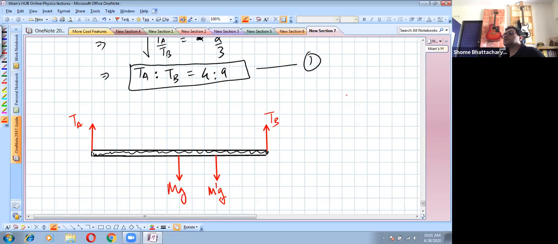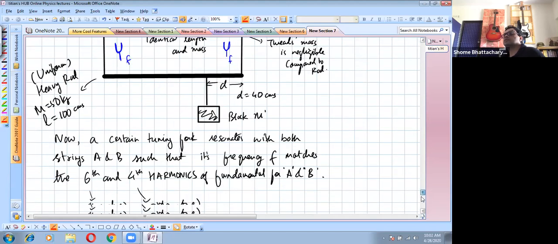Now you can take TA, suppose, as 4x. So TB is 9x. So TA plus TB is (M plus M prime) g. So 13x is equal to, the mass of the rod was, I think, 50 kilograms.